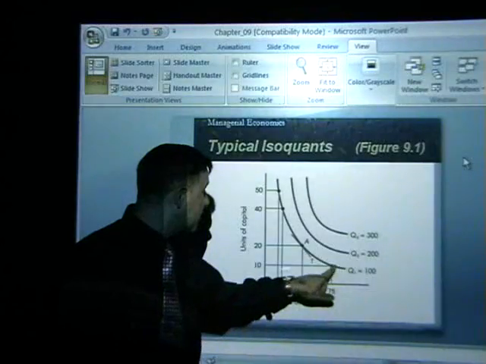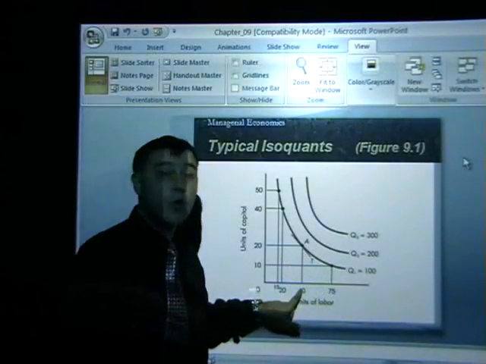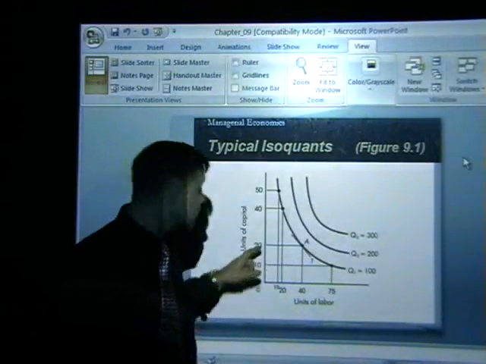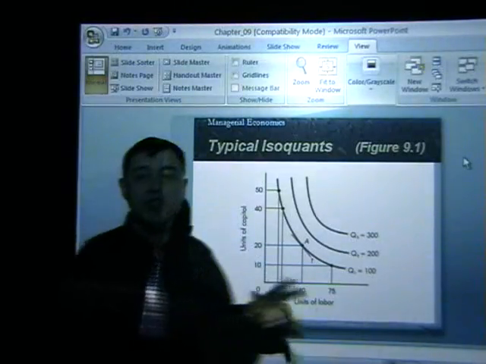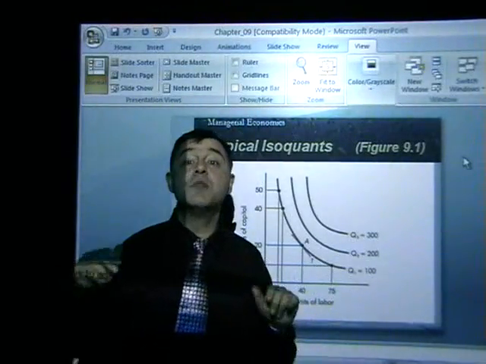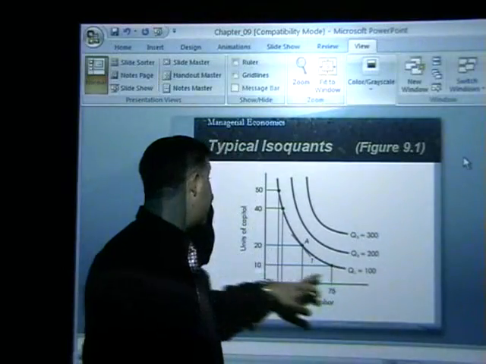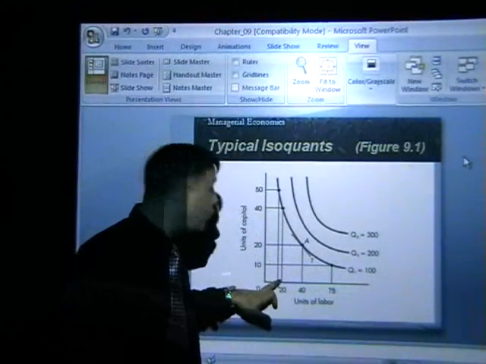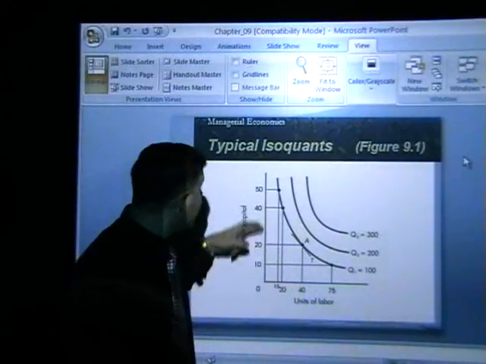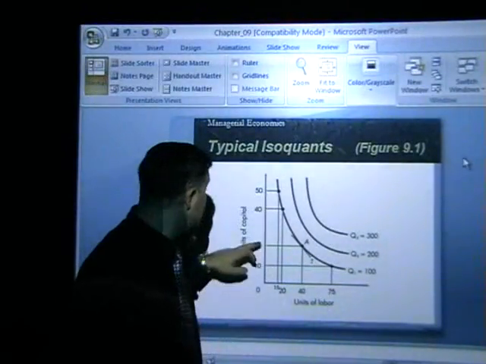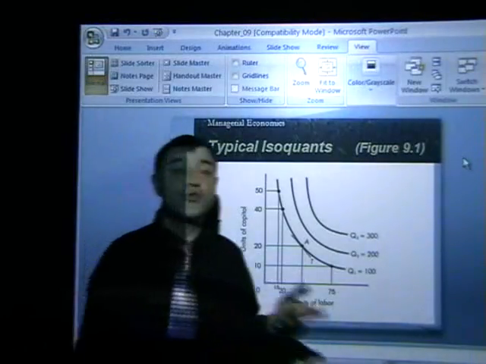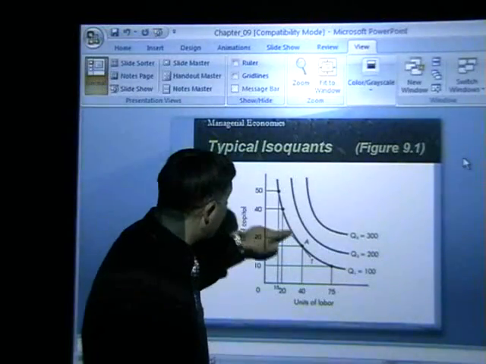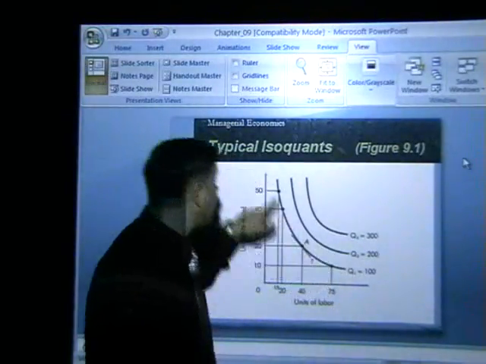Or, alternatively, you can use 40 workers and twice more. We just call them in general economics machines. And then, if you want to reduce the number of workers to 20, you have to, again, double the quantity of machines from 20 to 40. So, this represents one isoquant.